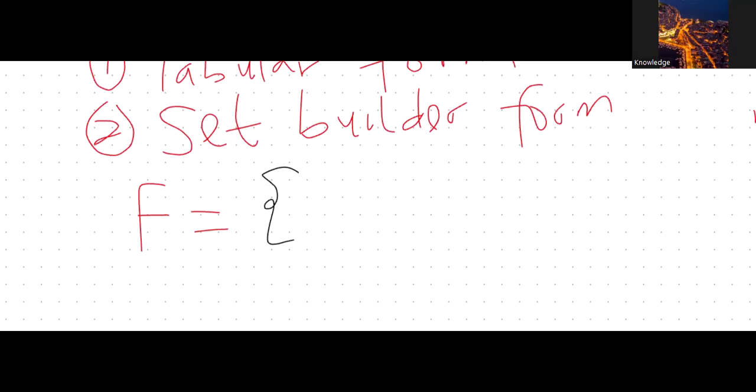For instance, let's say we have mango, and don't forget they will be in small letter. Elements are written in small letter, names of sets are written in capital letter.